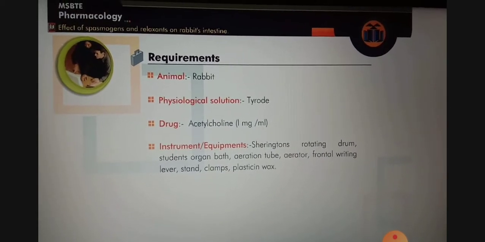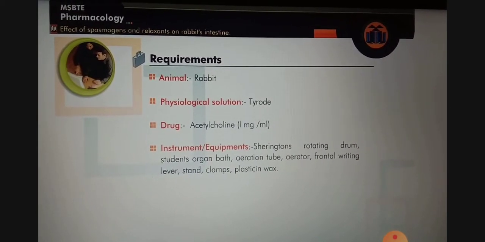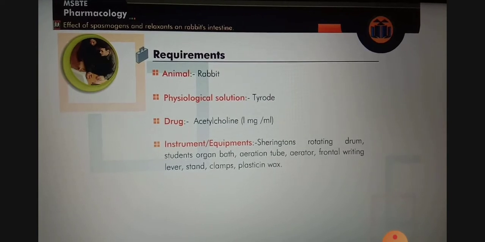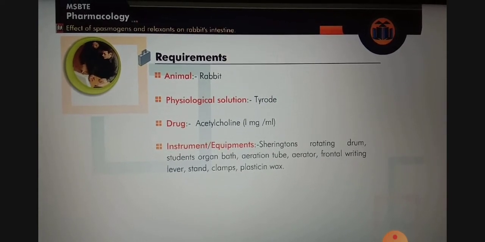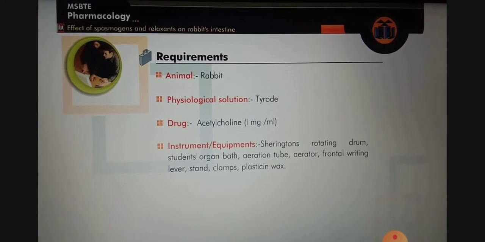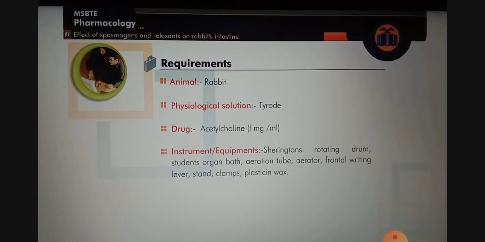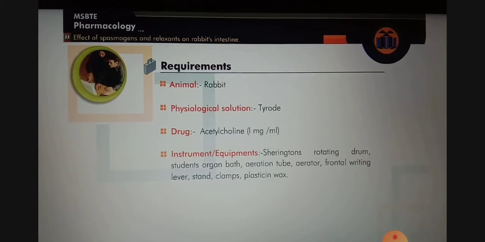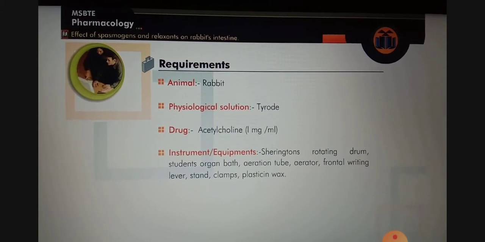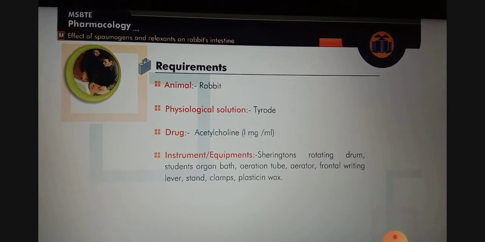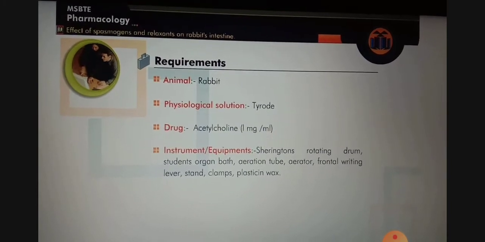Requirement for this experiment is animal, rabbit, physiological salt solution, thyroid solution, drug, acetylcholine 1 mg per ml, instruments and equipment, Sherrington's rotating drum, student's organ bath, aeration tube, aerator, frontal writing lever, stand, clamps, plasticine wax.